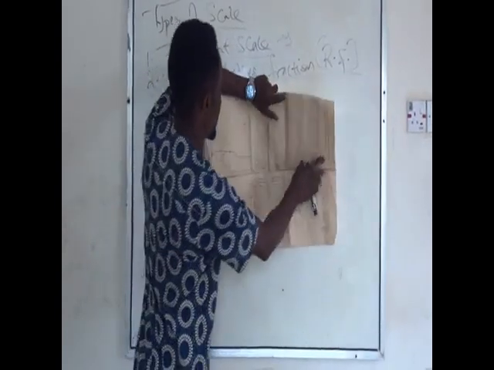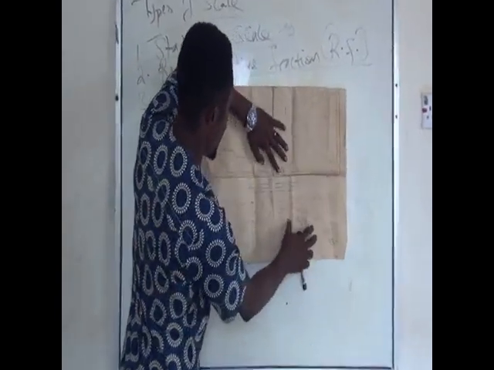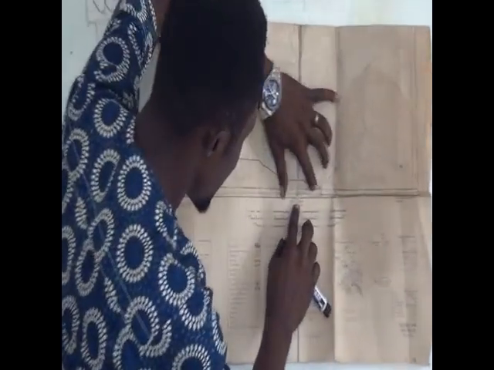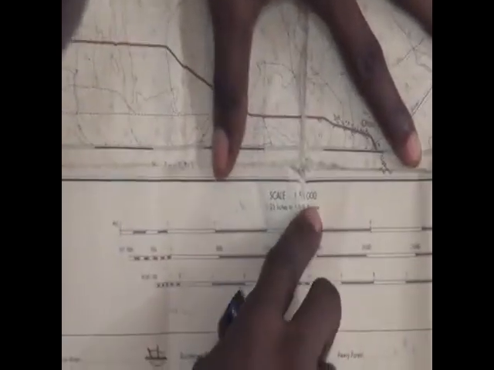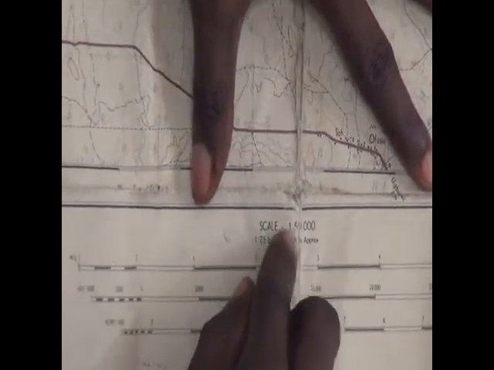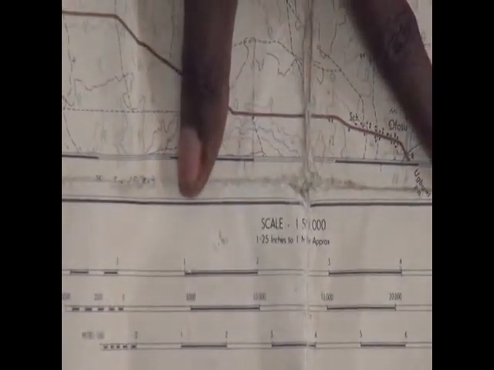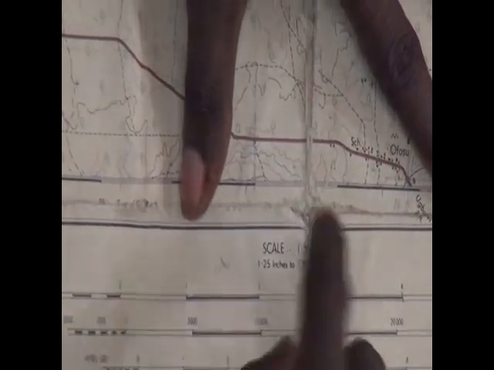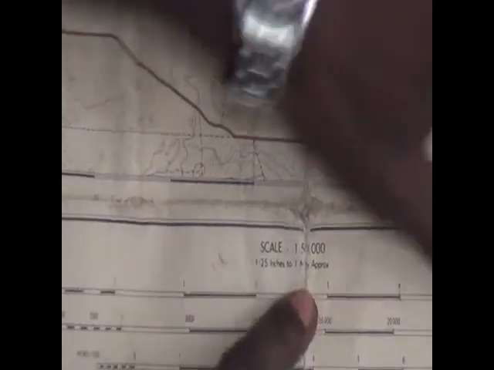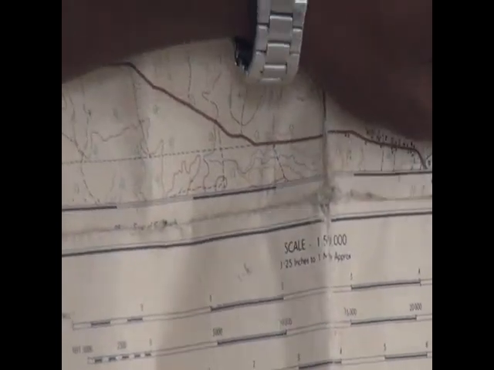Let's take for instance this map. You can see it here, scale 1 ratio 50,000. It means 1 centimeter on the map is actually 50,000 centimeters on the ground. And I told you earlier, 50,000 centimeters is the same thing as half kilometer.